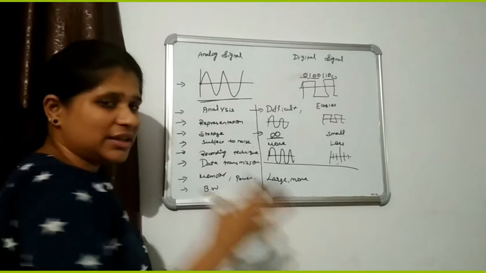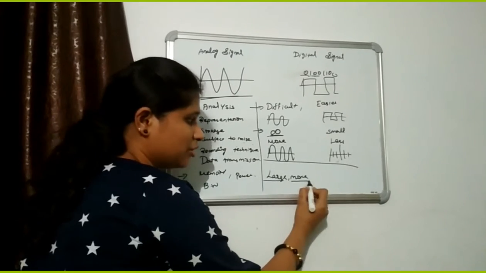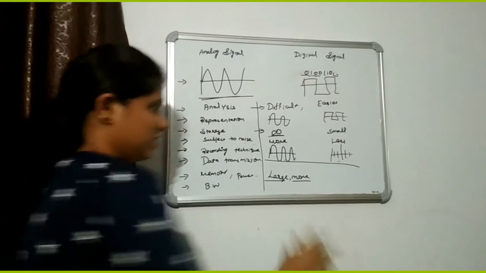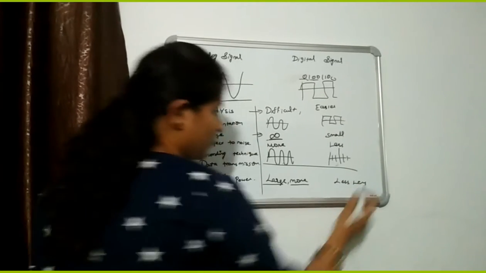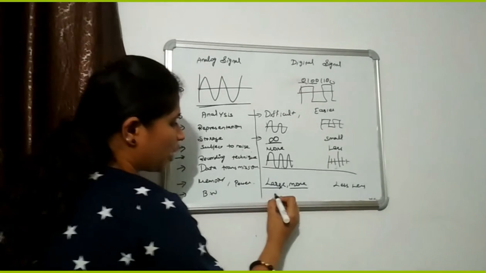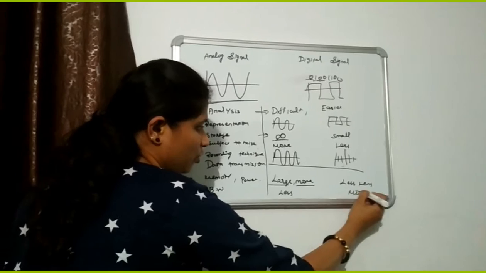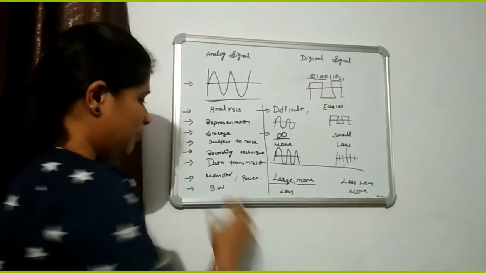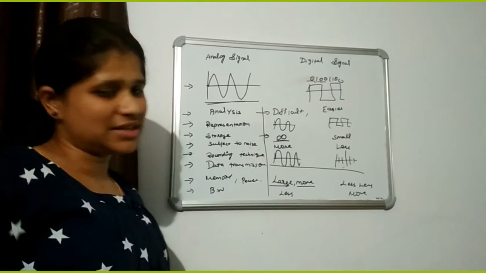As we are storing the data as it is generated, it needs a large amount of memory and also more power. Whereas here it needs less memory and less power. The only advantage of the analog signal is that the bandwidth required is very low, whereas here the bandwidth required is more. These technical terms like bandwidth, memory and power, I'll be explaining day by day as the sessions go on.